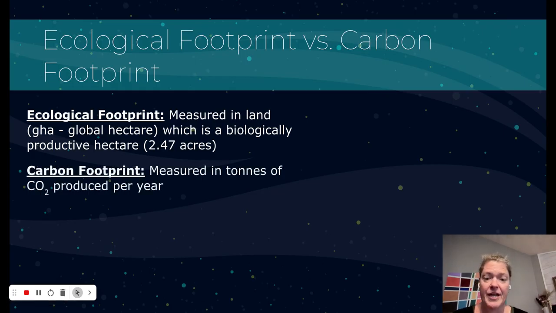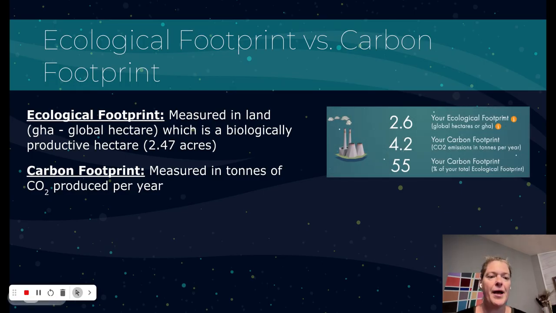A carbon footprint is measured in the tons of CO2 that we produce per year. So, how much CO2 are we using per year? And that's measured in tons. Okay.